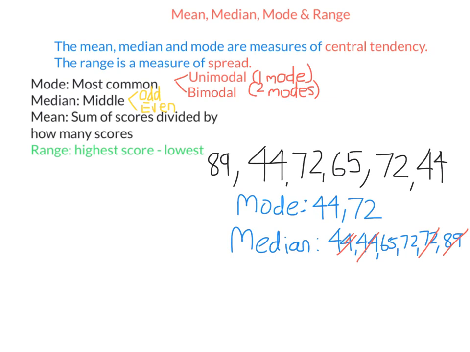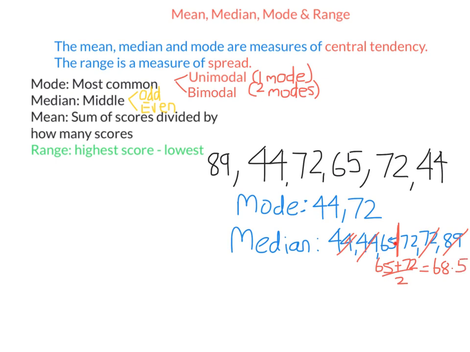So as I said, when you have an even number of scores, there are 2 middle scores. So when that happens, to find the point halfway between those, you add the 2 scores and divide by 2. So you can use your calculator for this if you like. The median here is 68.5.